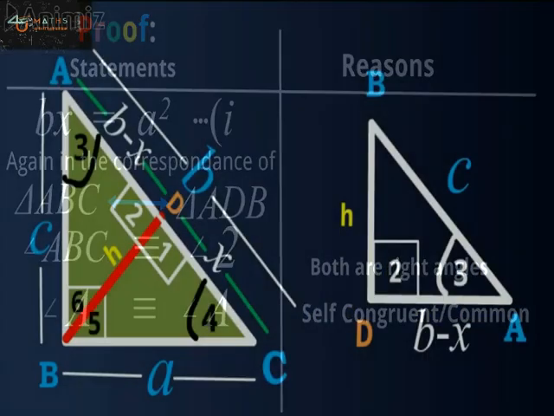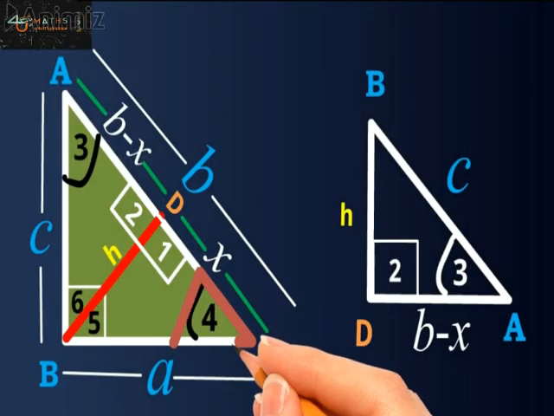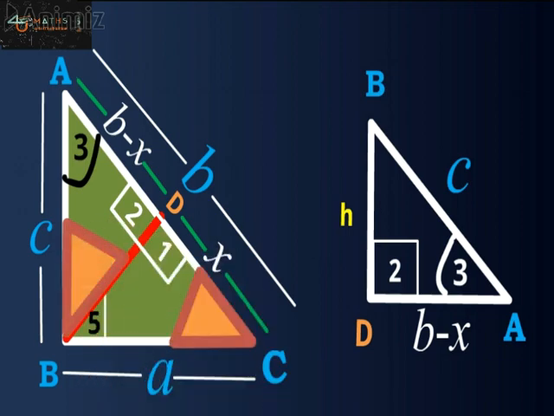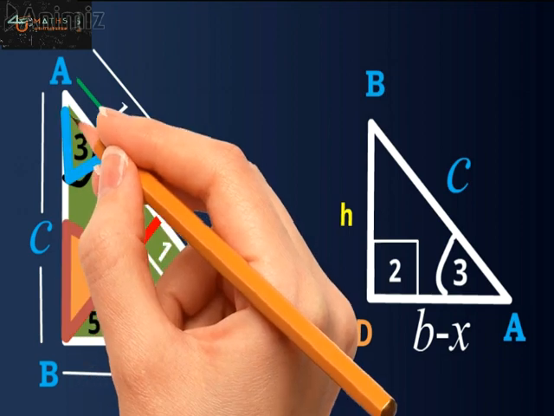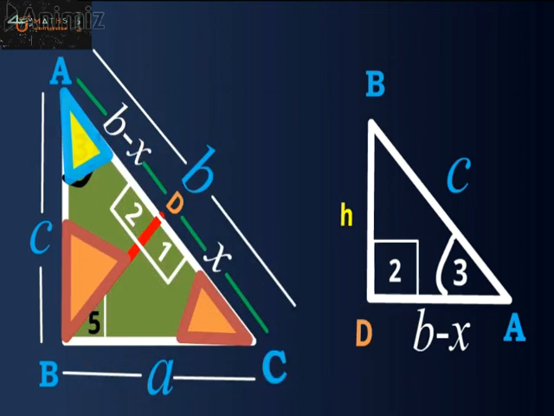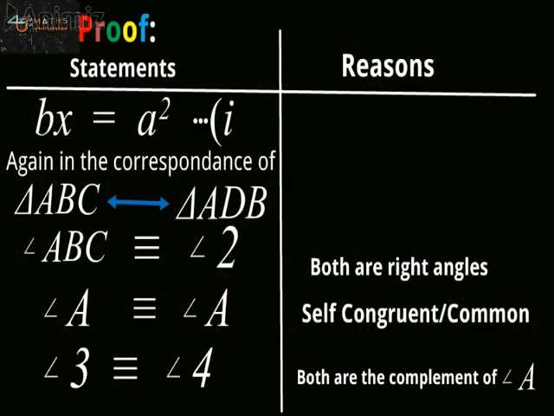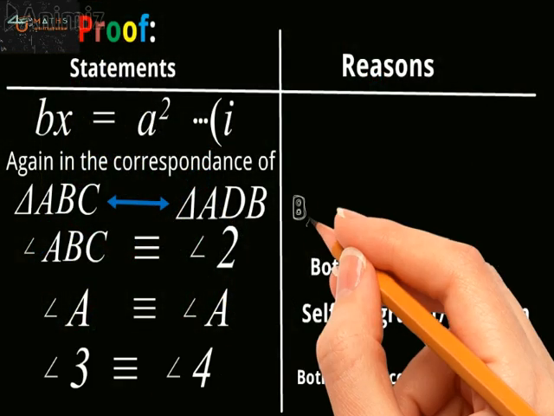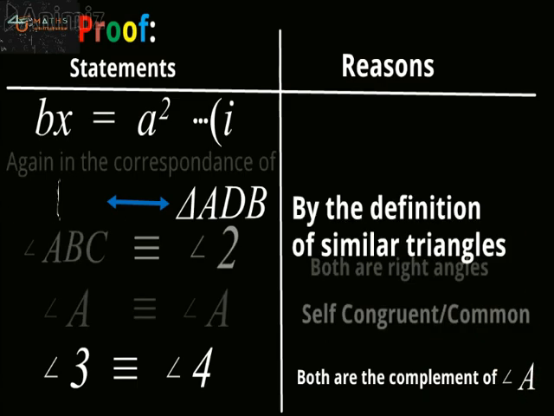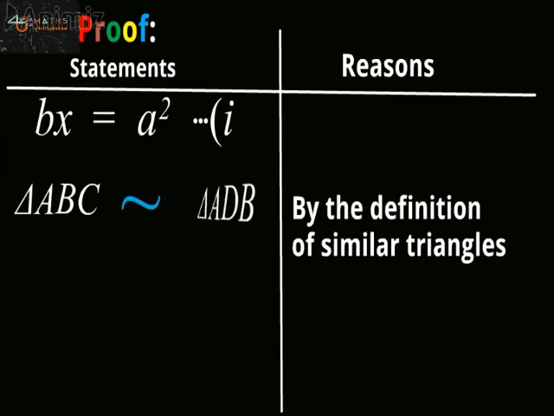And angle 4 is congruent to angle 6 because they are the complement of the angle A. Therefore, by the definition of similar triangles, we can write that triangle ABC is similar to triangle ADB.